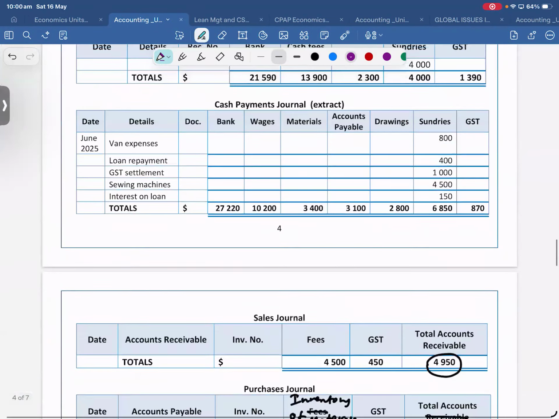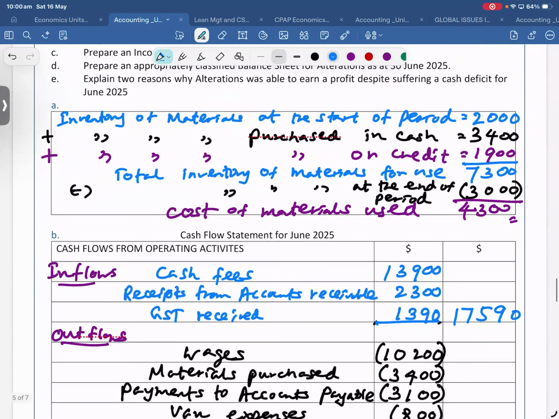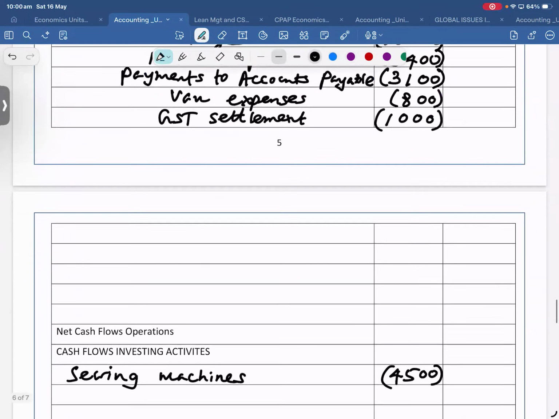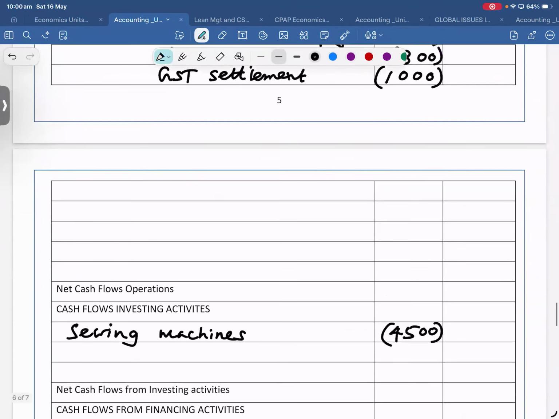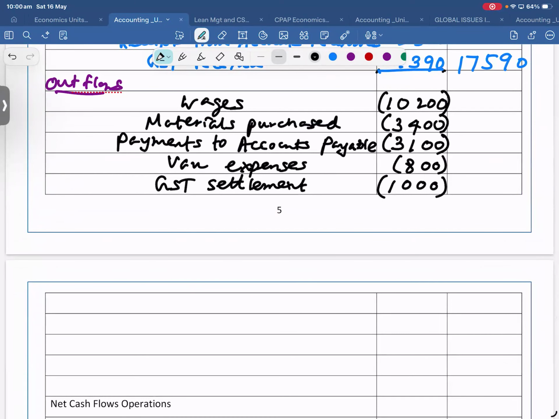Next one is interest on loan. What is it? Is it an expense, cash outflow? Wait, it's a liability. But what is the interest on a loan?